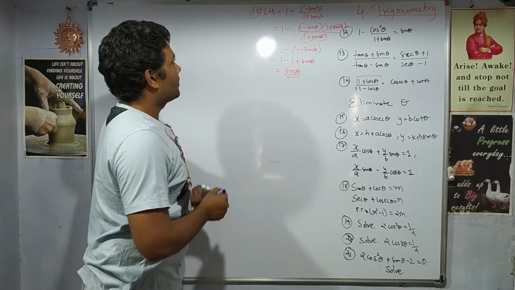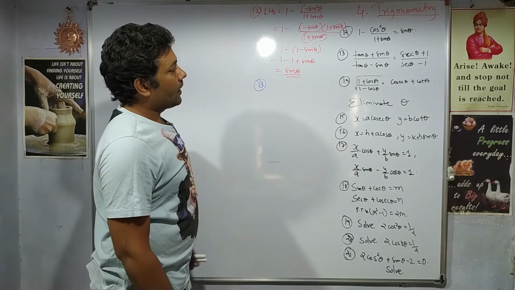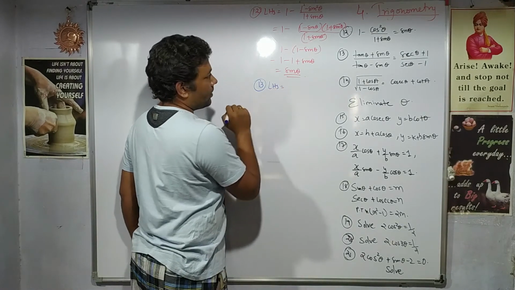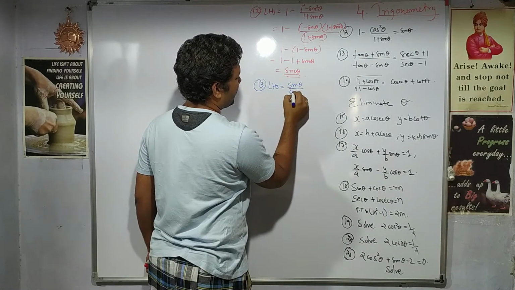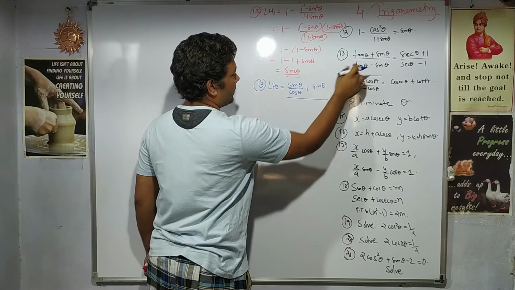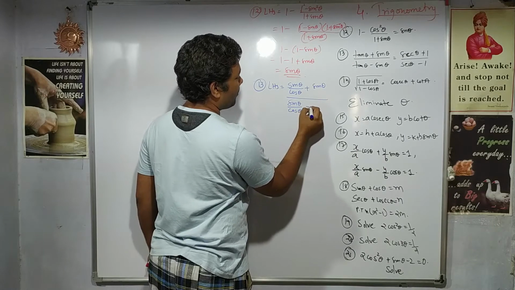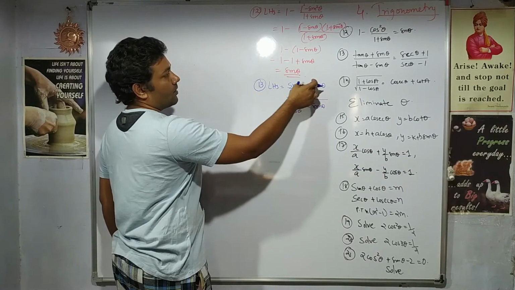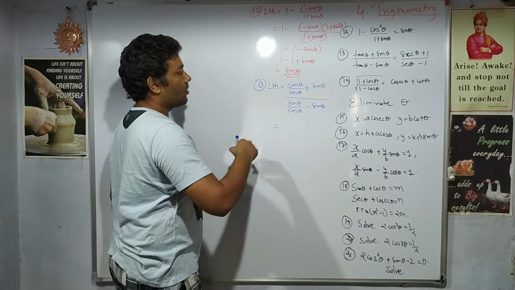Next question, 13th one. Again here, taking the left hand side of the equation, let us convert into the sine and cos format. So sin theta upon cos theta plus sin theta, this will be the numerator. In the denominator also we replace tan theta with the sine and cos form, right? Taking sin theta common from the numerator and sin theta common from the denominator.